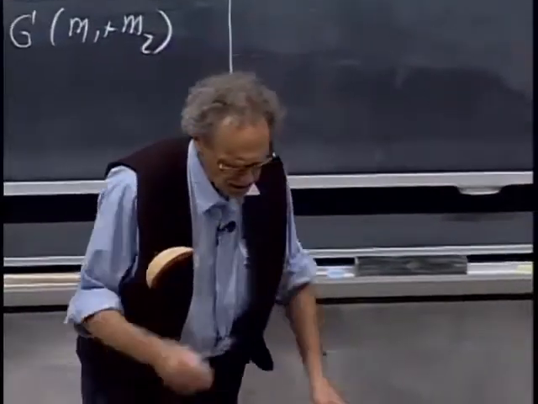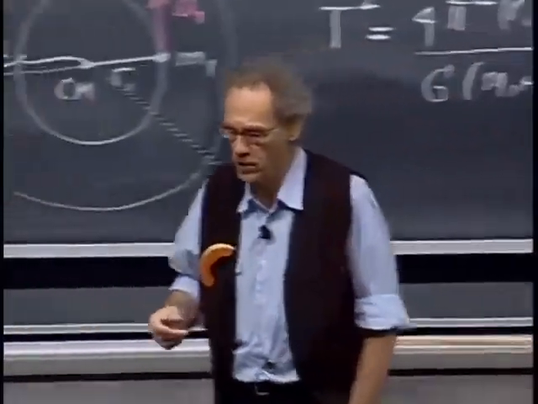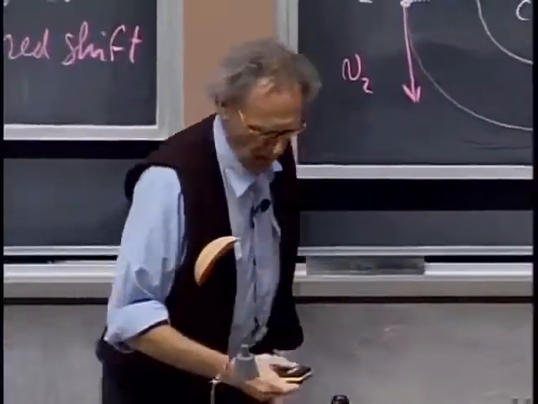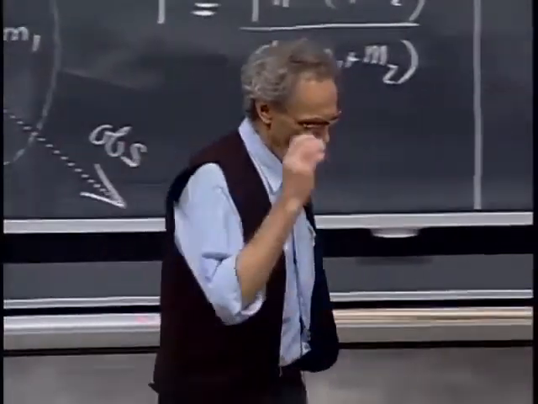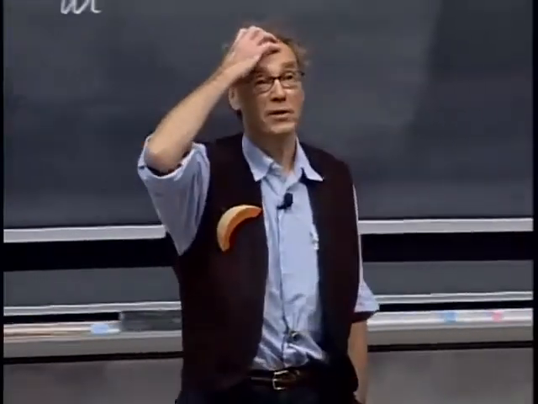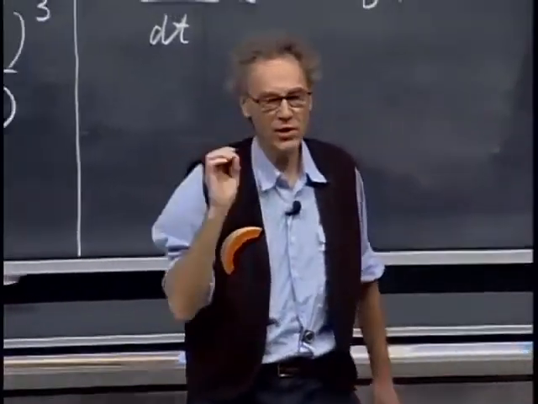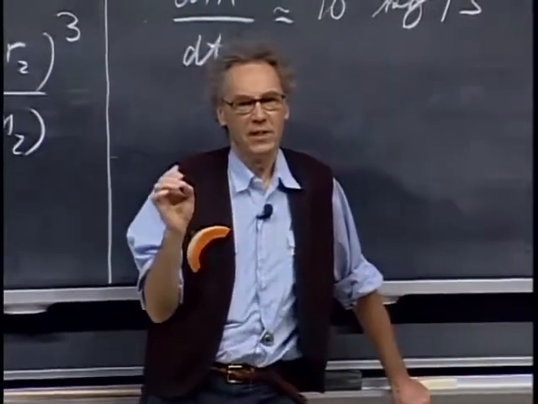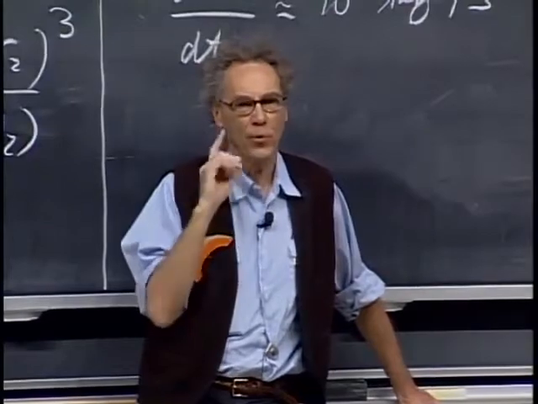All the mass measurements that have been done to date of these neutron stars, where you see the pulsations, all of them are very close to 1.4 solar mass. And there's a good reason for that. That's not an accident. In 1930, the physicist Chandrasekhar predicted that white dwarfs could not exist if their mass is larger than 1.4 solar mass.